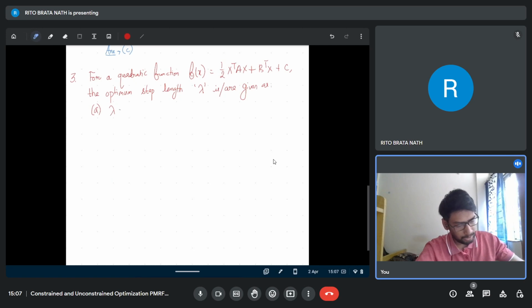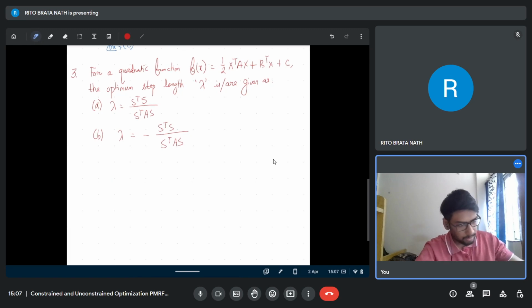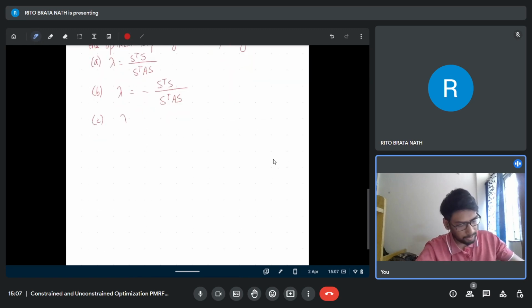Option A is lambda equals S transpose S divided by S transpose AS. Option B is lambda equals minus S transpose S divided by S transpose AS. Option C is lambda equals S transpose BS.